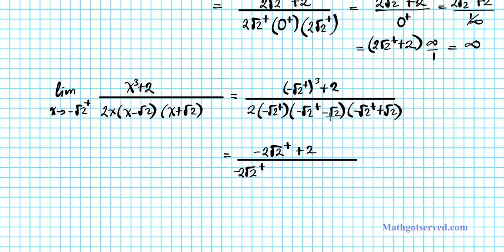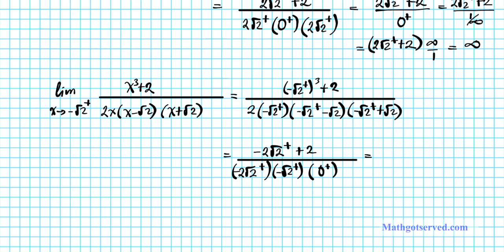And then when you combine these two, negative root 2 from the right minus root 2, you are going to have negative root 2 from the right also. And then this right here, negative root 2 from the right plus root 2, you're going to get 0 from the right. So let's go ahead and simplify this.